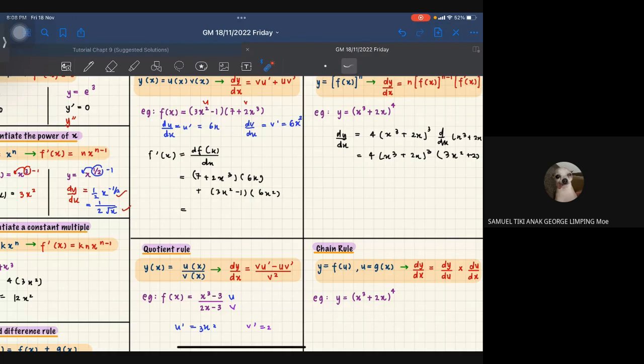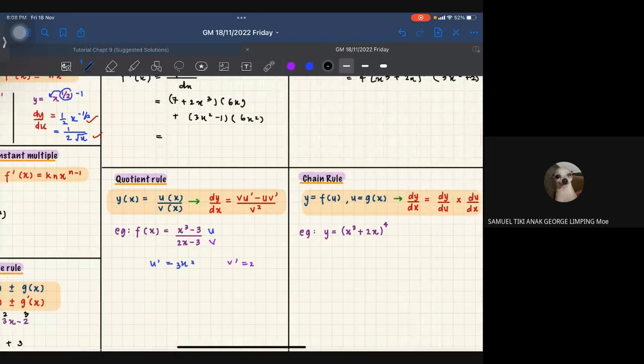Okay, so what can we do right now is, saya nak tukarkan yang dalam ni jadi sebagai u. Okay, so inside the bracket is gonna be u. So I have u equals to x cube plus 2x. Okay, so bila saya dah gantikan yang dalam bracket ni sebagai u, now I will have y equals to u power of 4.